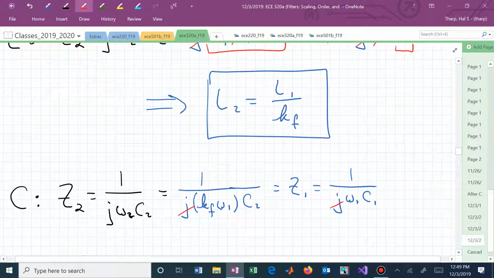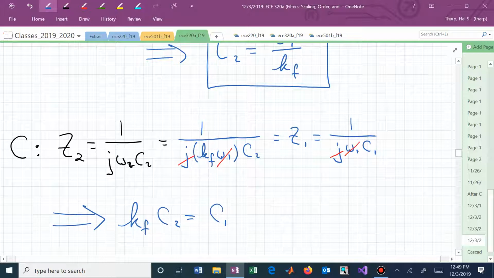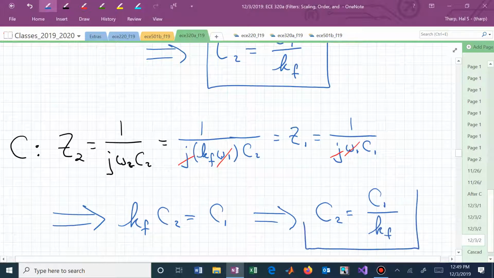We can cancel the j's, we can cancel the omega 1's, and now we can see that K sub f C2 is equal to C1 to make Z2 equal Z1. The final value of our capacitor when we simply frequency scale is now C1 divided by K sub f.